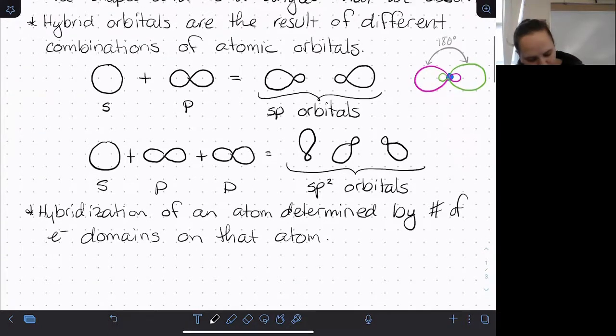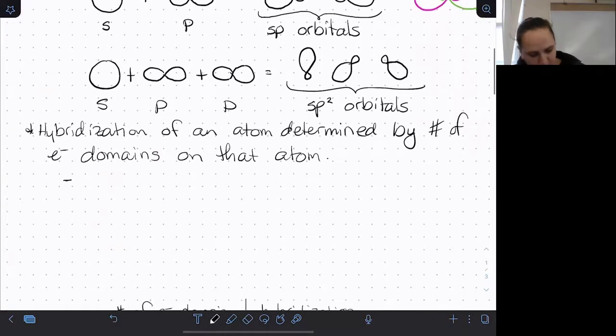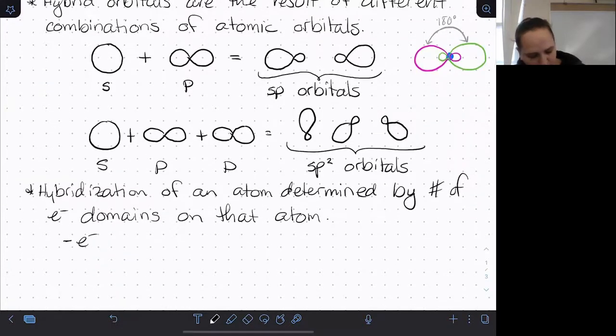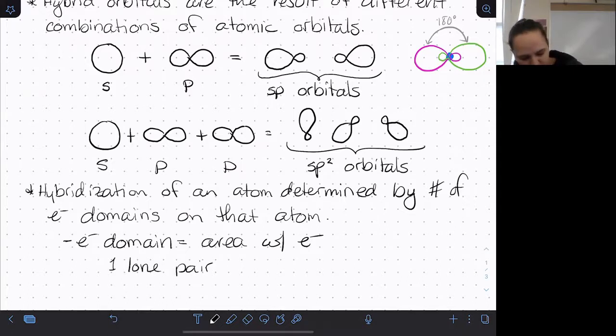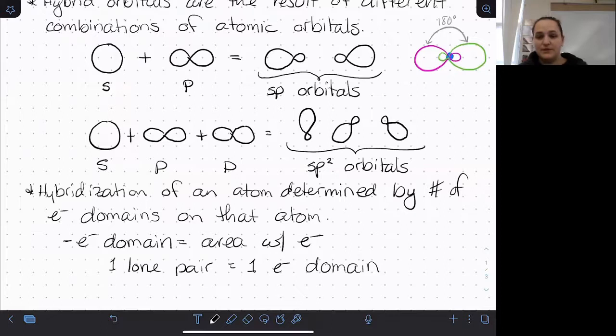And an electron domain is just an area where there are electrons. So one lone pair is one electron domain. So if an atom has 3 lone pairs on it, that's 3 electron domains.